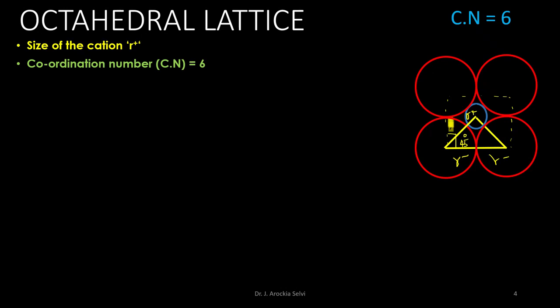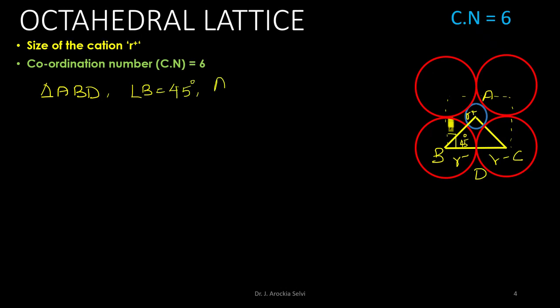The labeling we can do as A, this is B, and this will be C. Now you take the triangle ABD. In that triangle, we need to find out the angle of B. Angle B is 45 degree.